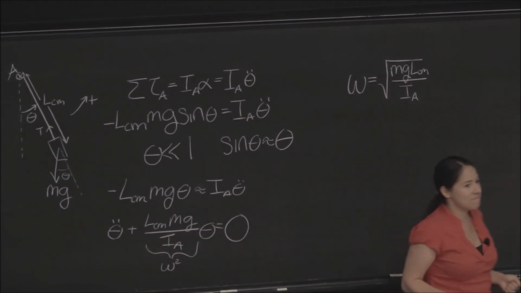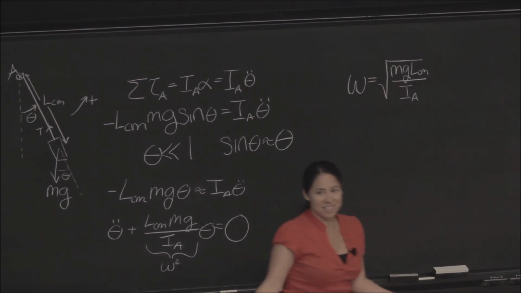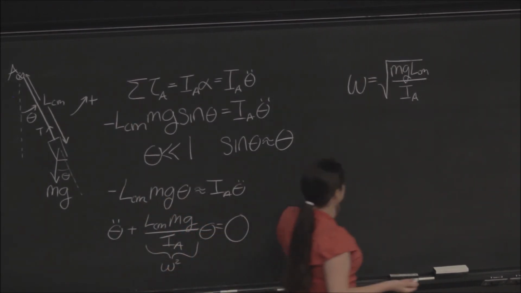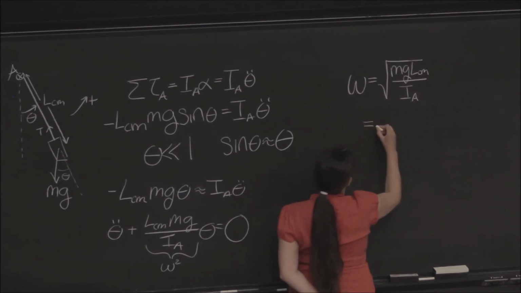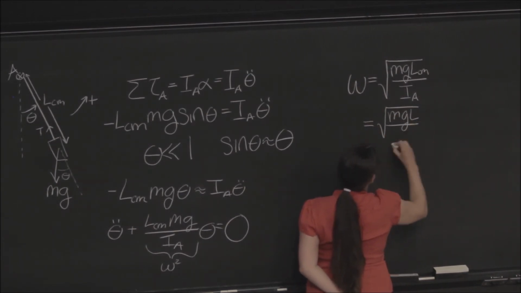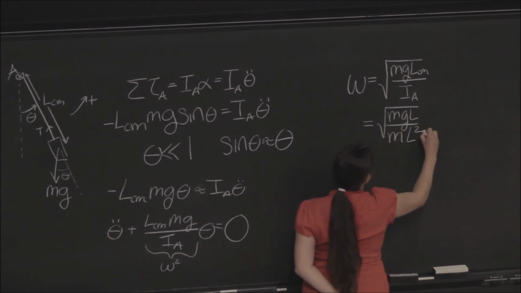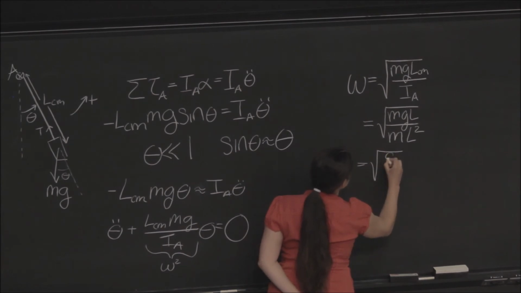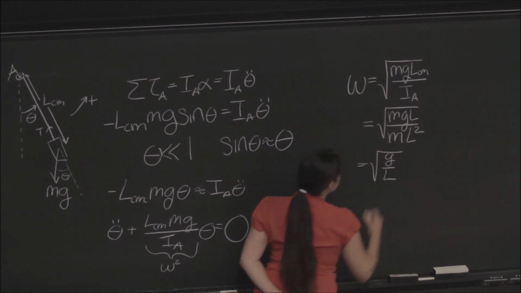And what's L_CM? It's just L, because it's a point mass, so the distance to the center of mass is the length of the string. All over m L squared, that simplifies down to g over L.